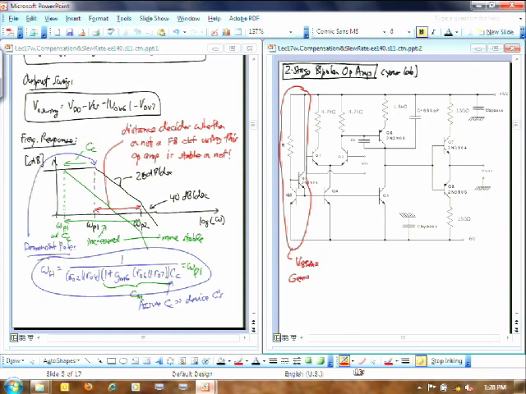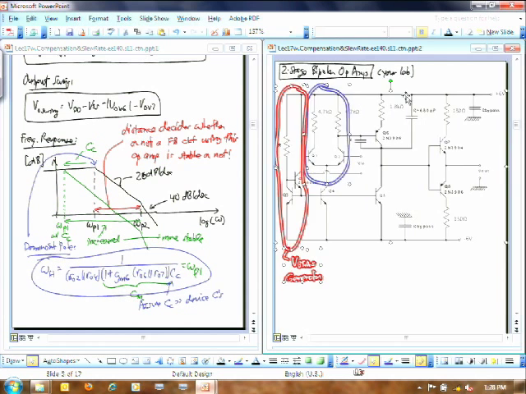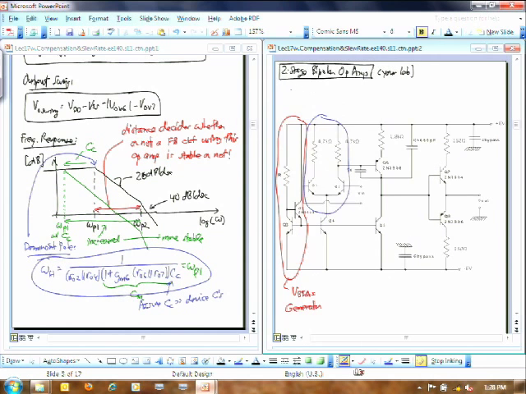And I could keep looking at different things. It's obvious what this thing is right here. That thing is your differential input stage. So it's your first gain stage. Let me give myself more space to do things here. Okay?